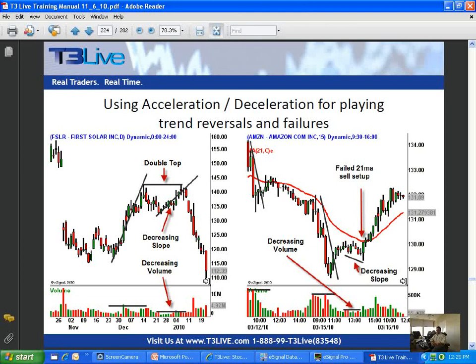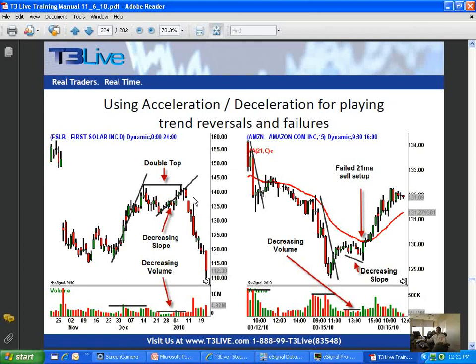Okay. So again, we have using acceleration and deceleration for playing trend reversals and failures. In the chart to the left, he's highlighted what's a potential double top play, and you can see how the decreasing slope and decreasing volume, when it trades back up, right here as the stock trades back up, you can see the slope at which it trades and the volume at which it trades both decrease relative to the prior up move.